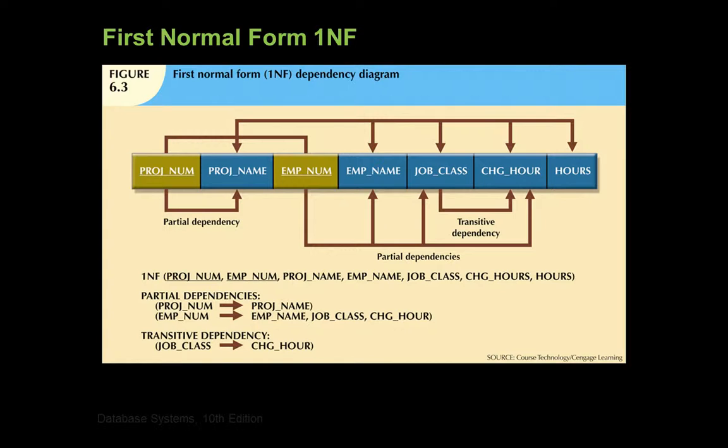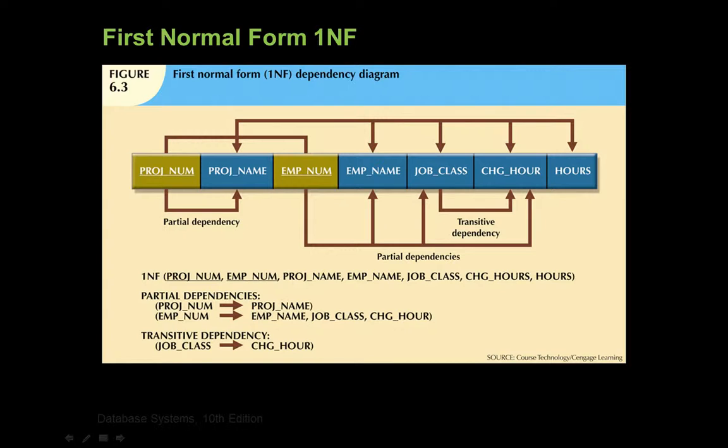Now, in addition to that, job class and charge hours have a transitive dependency. And if you think of each one of these, we can eliminate some of those dependencies by creating additional tables. And that's the approach that we will take when we go to the second normal form.